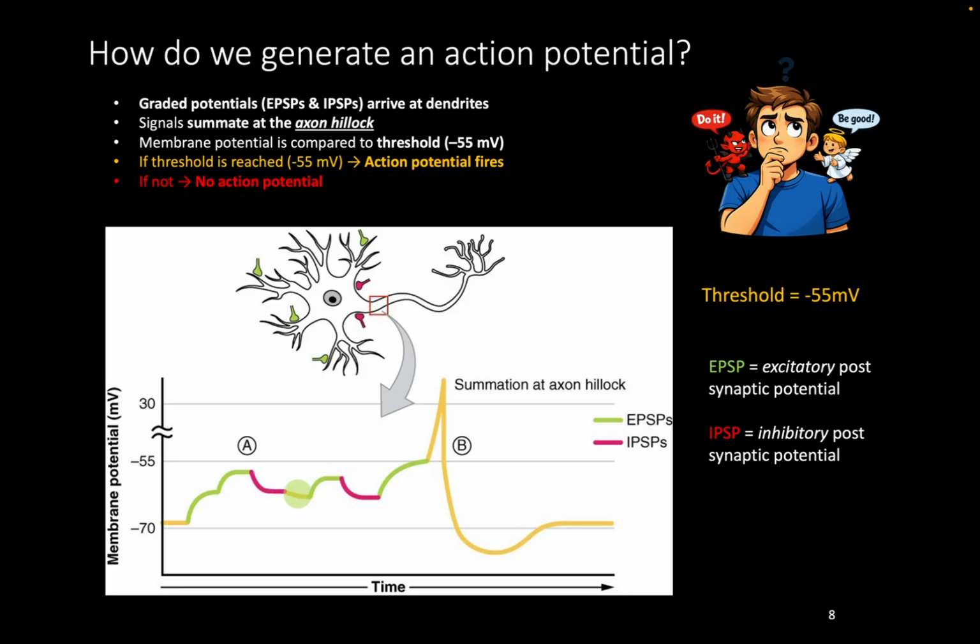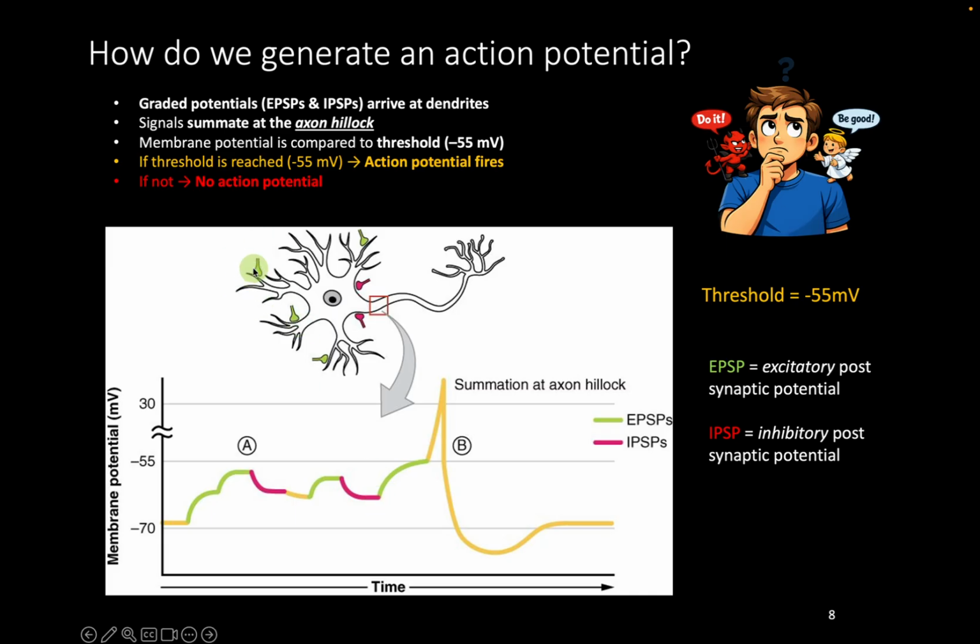Then some time passes and a third excitatory signal from another neuron gets sent at this dendrite, and we're trying to get closer to threshold, but still not quite. Then over here we get another signal, say from this one. It is inhibitory, so it brings us further from threshold again.